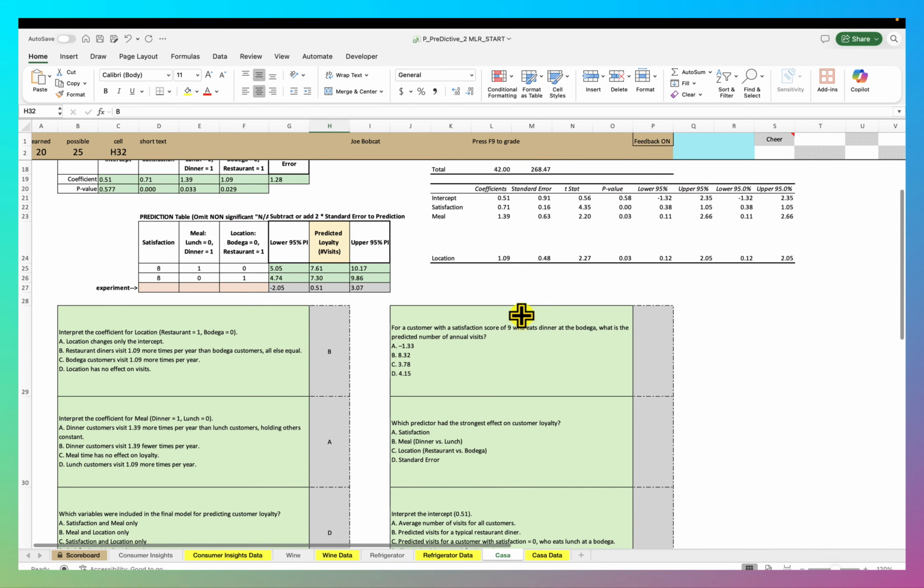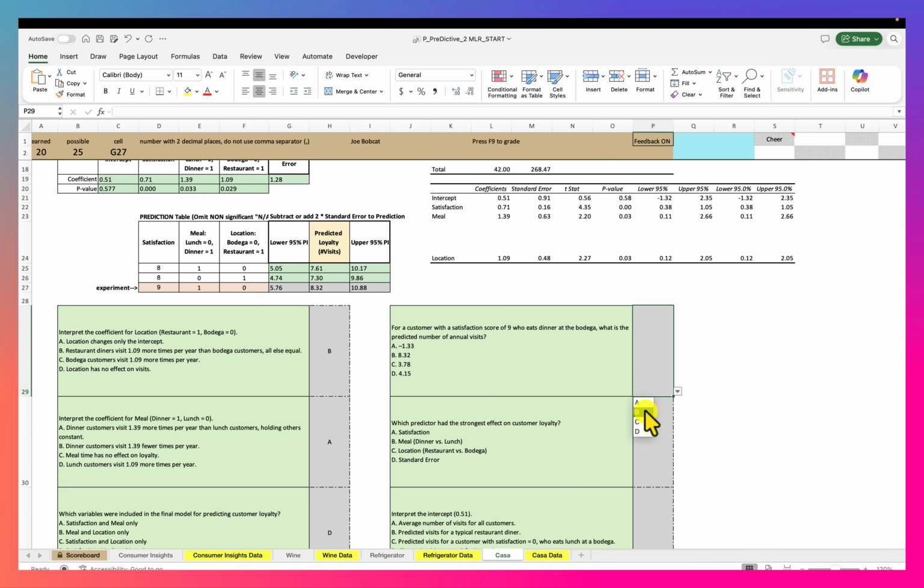Alright, for a customer satisfaction score of 9, okay, so now we're going to fill this in. Satisfaction score of 9, who eats dinner, so dinner is a 1. The bodega is a 0. So we predict that person's going to visit 8.32 times.